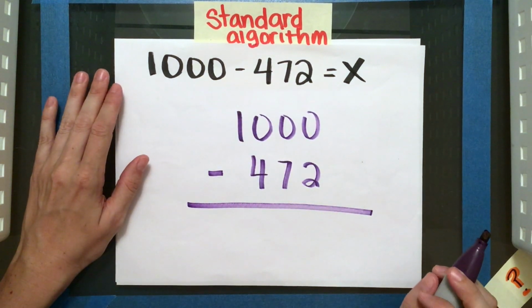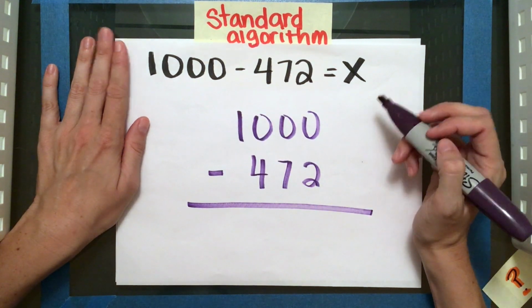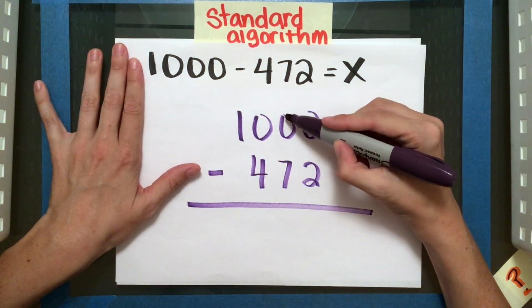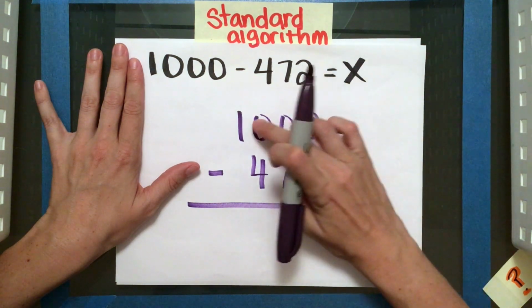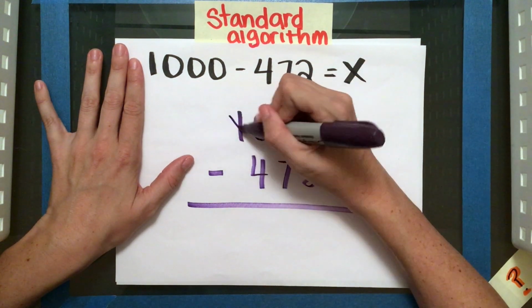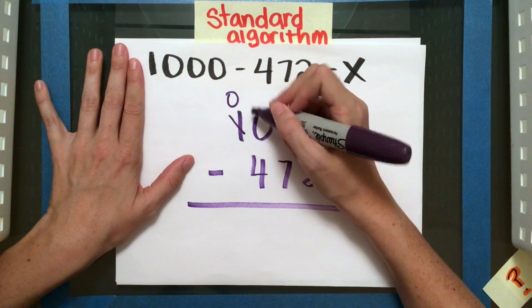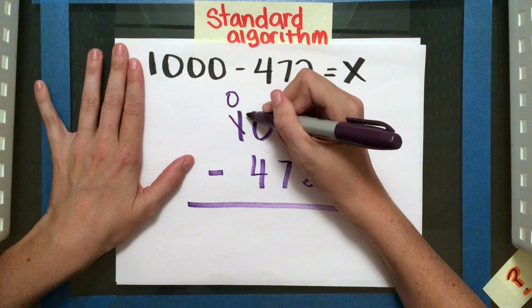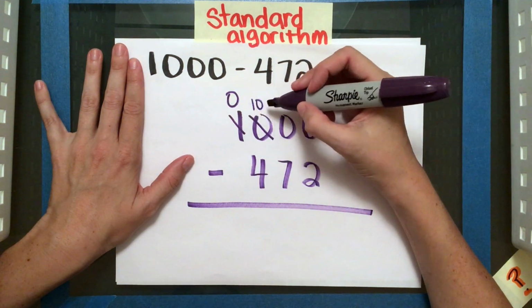Now, just like the two strategies before, we are not able to subtract 2 from 0. But we're also not able to borrow anything from the tens place or the 100s place because they're both 0. Because of that, we go to the thousands place, and we put that over here. Now, this now becomes 10, or 10 hundreds.